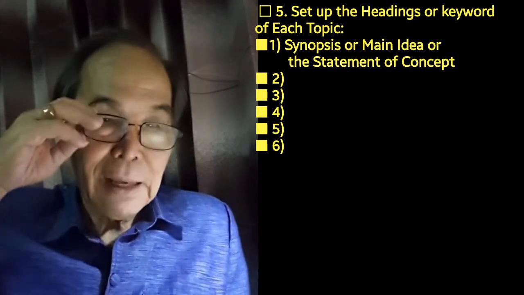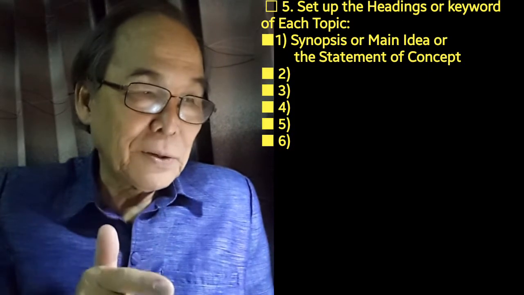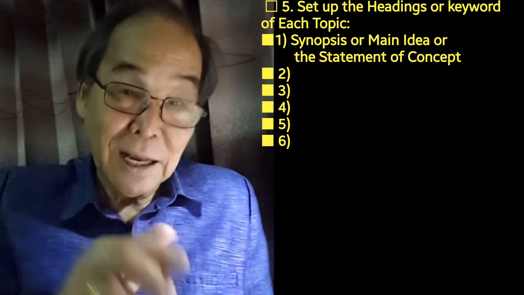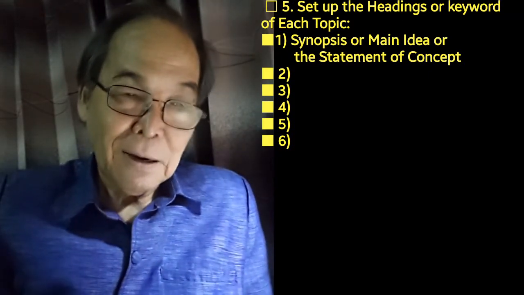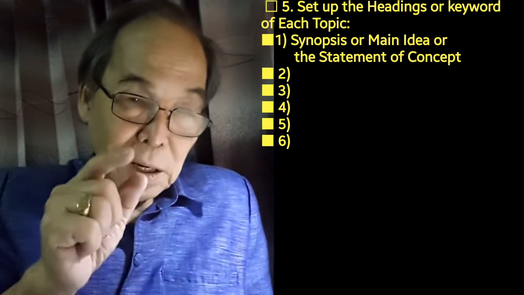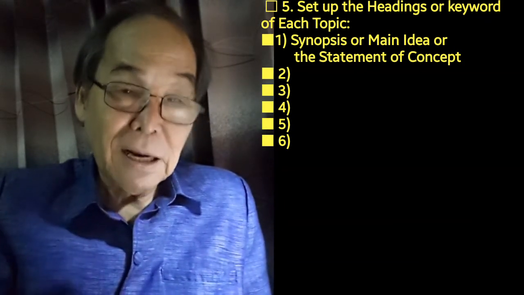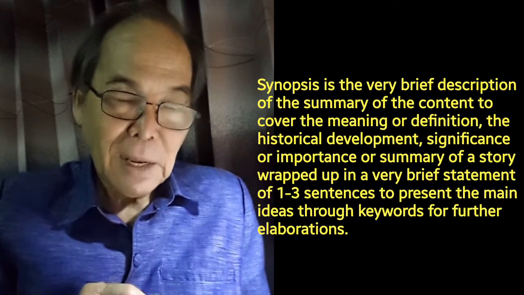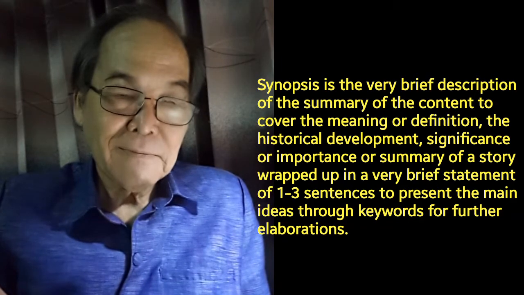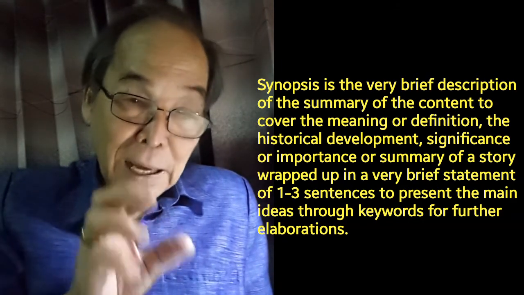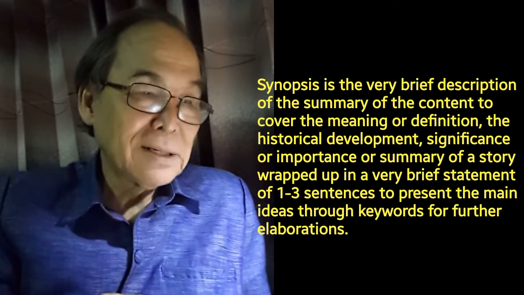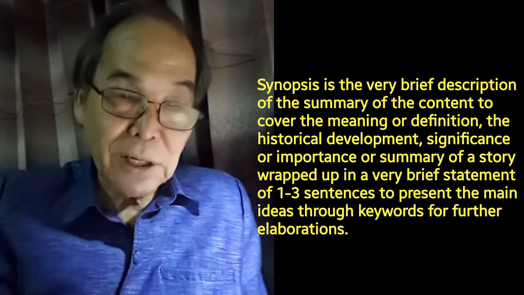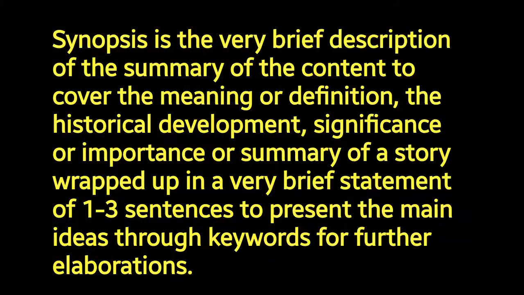First, you have to write the synopsis of that keyword. The synopsis means the brief description to cover meaning, a definition, development or history of that word, and importance or significance.